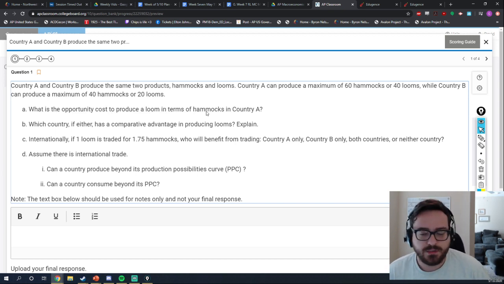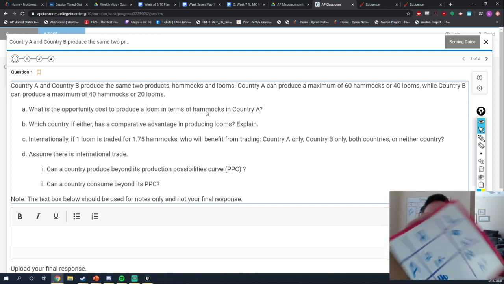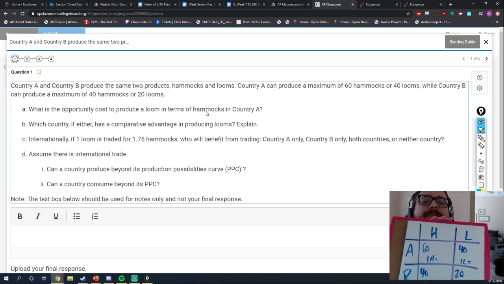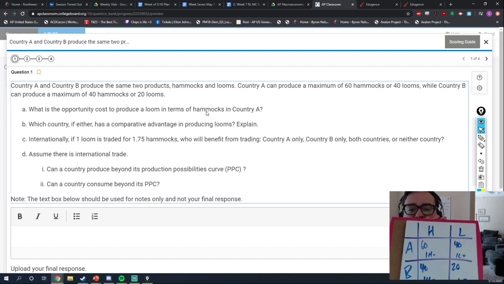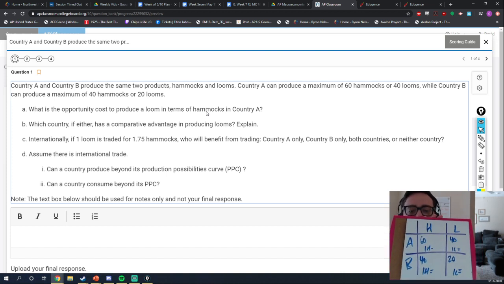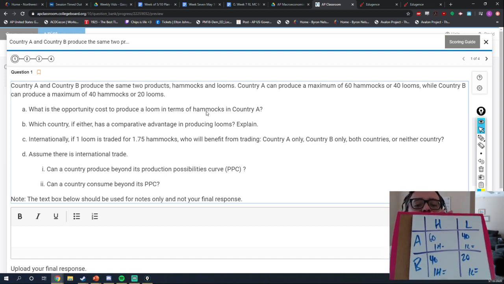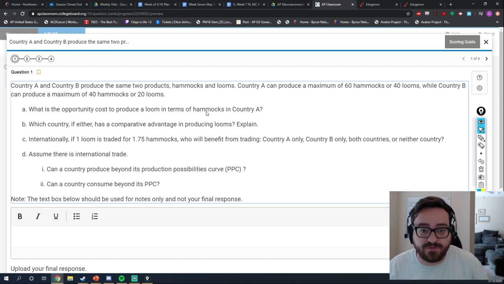What they mean is, using hammocks and looms, what is the opportunity cost of making a loom? Basically, for every loom they produce, how many hammocks do they give up in country A? So what I have set up here is my table, and I have written out in each box 1 hammock equals, and 1 loom equals, for the basic setup of doing the opportunity cost.